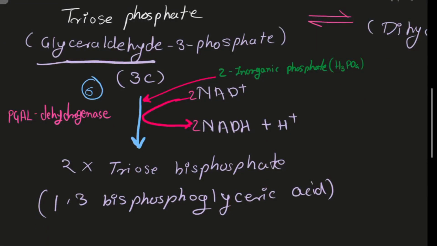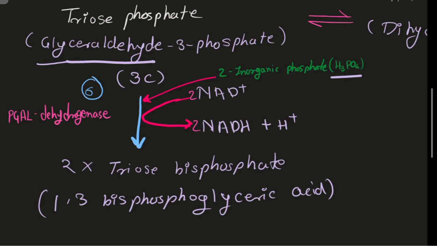Then for the sixth step, we convert triose phosphate by addition of inorganic phosphate, but here we don't use ATPs. Instead, we get inorganic phosphate from compounds like H3PO4.